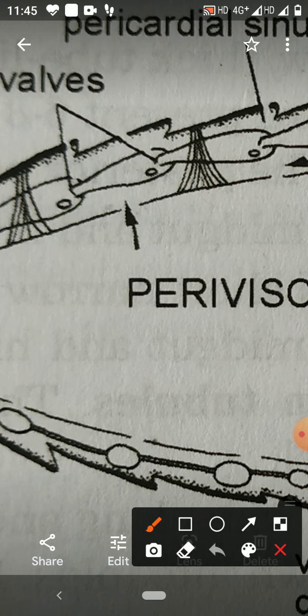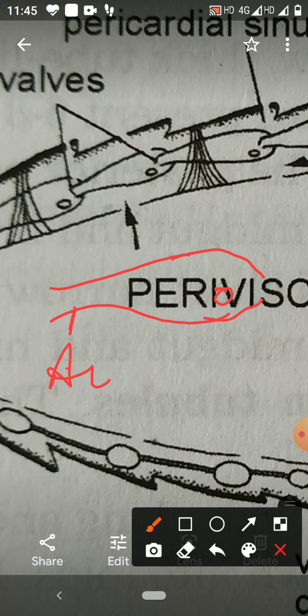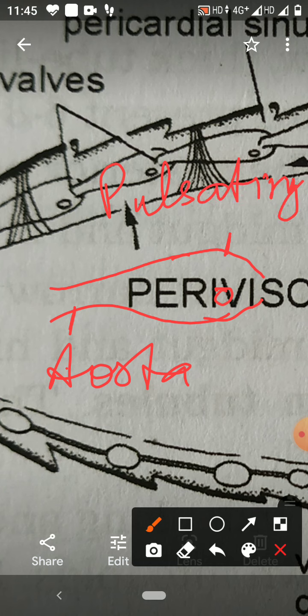From this I take one. In this, the opening is the ostia. This portion is called aorta, and this region is called pulsating heart. So like this there are 13.